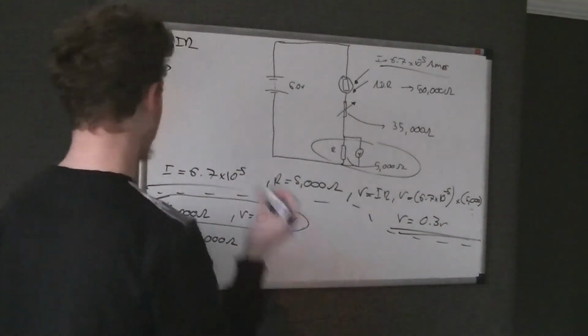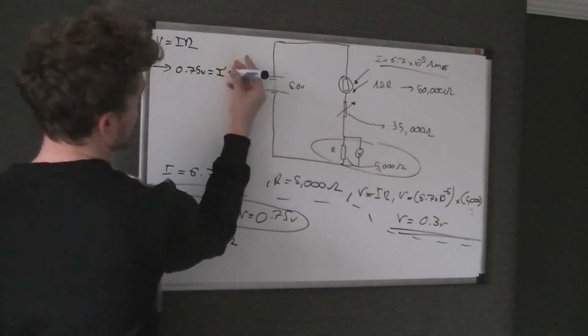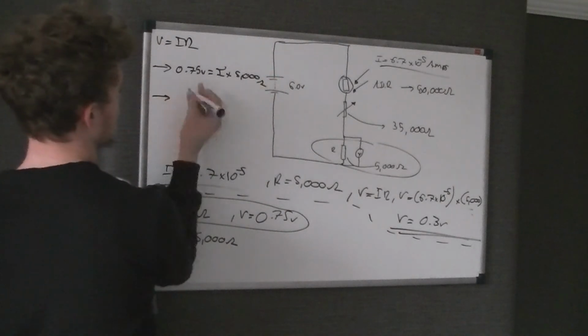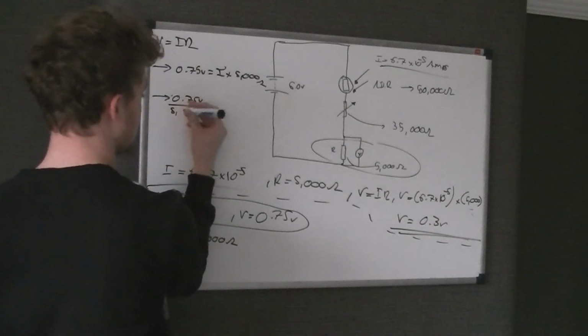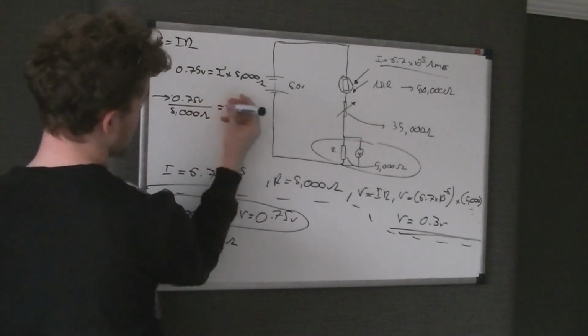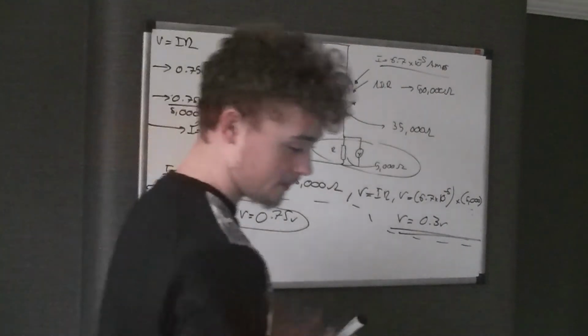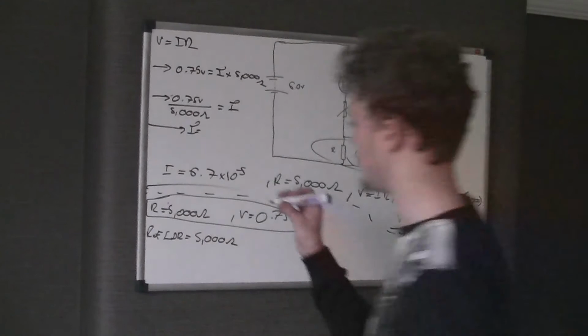Subbing what we know, 0.75 volts equals the current, which we want to find out, times the resistance of 5,000 ohms. So it's 0.75 volts over 5,000 ohms that gives us our current. Remember, this current is the same throughout the whole circuit, so just sub that in your calculator. It's 0.75 over 5,000, which should get you 1.5 times 10 to the minus 4 amps.